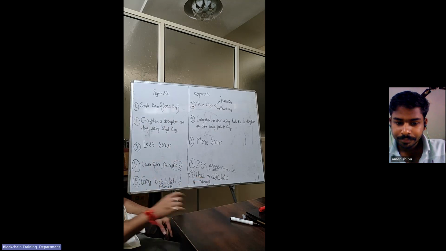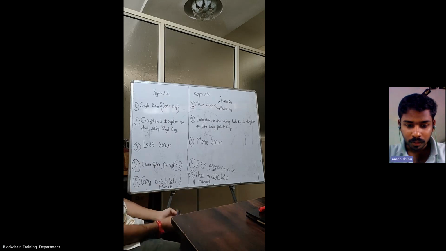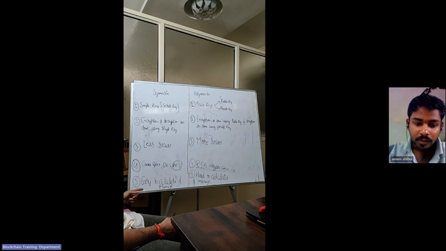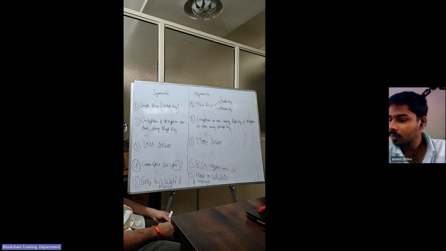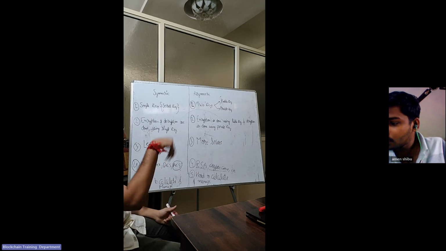Write it down. Fourth one, RSA and elliptic curve.